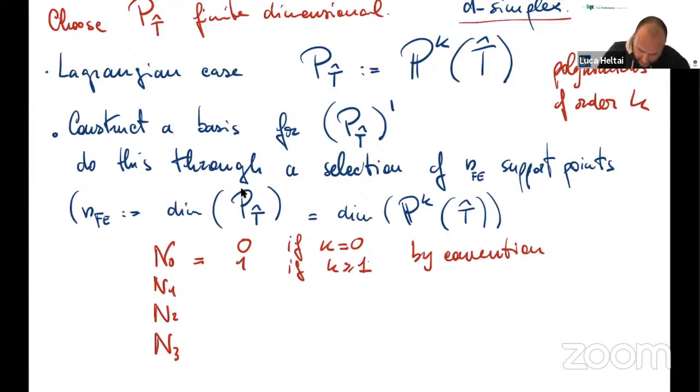Okay, N1 instead is equal to k plus 1. So the index here refers to the dimension d.